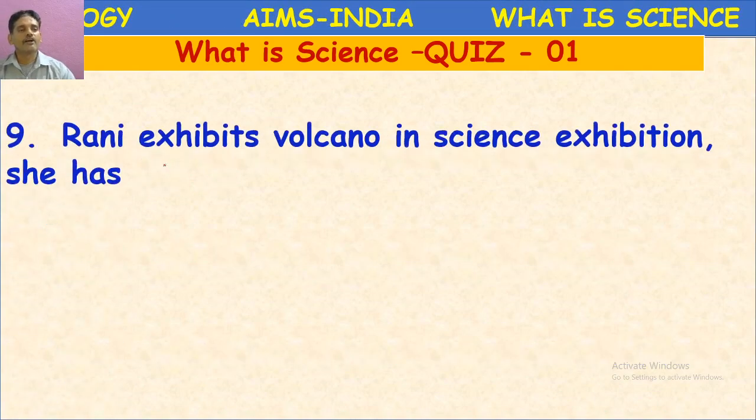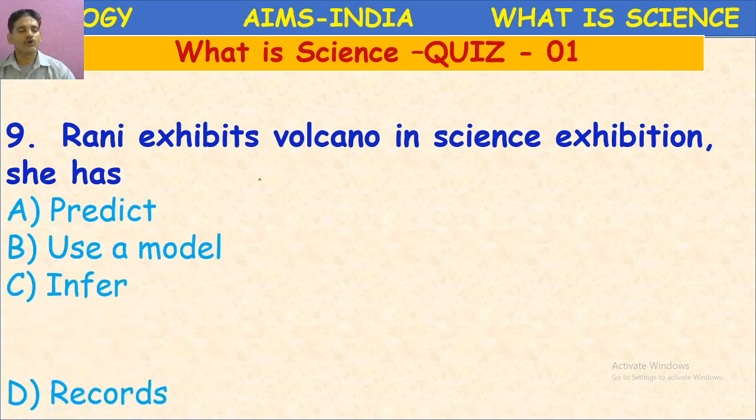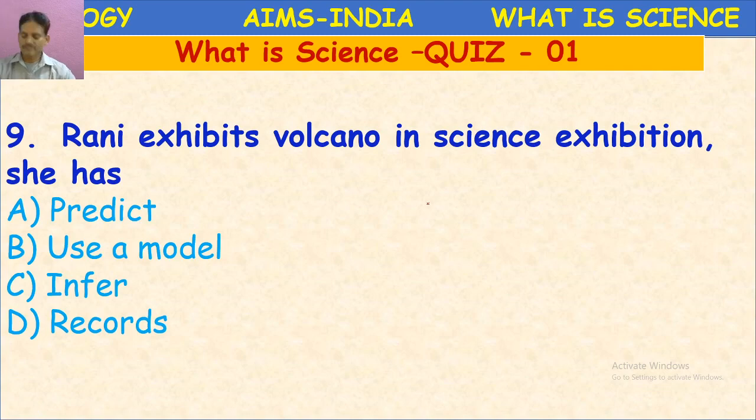Next question. Rani exhibits volcano in science exhibition. She has which skill? Predict, use a model, infer. So children, you know very well, out of 600 to 1000 children in the school, only hundreds of children will participate in the science exhibition or any edu fair.